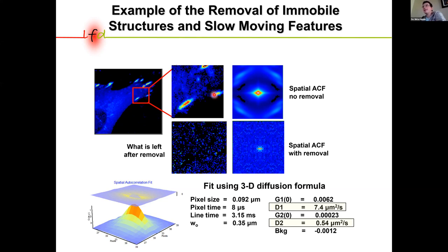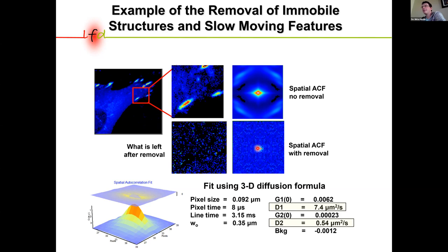Here you see the zoomed-in image, and then this was calculation of the spatial autocorrelation function without removal of the immobile fraction. But then when the immobile fraction is removed, here you see the adhesions disappear because at least in this current state, there was no dynamics going on.